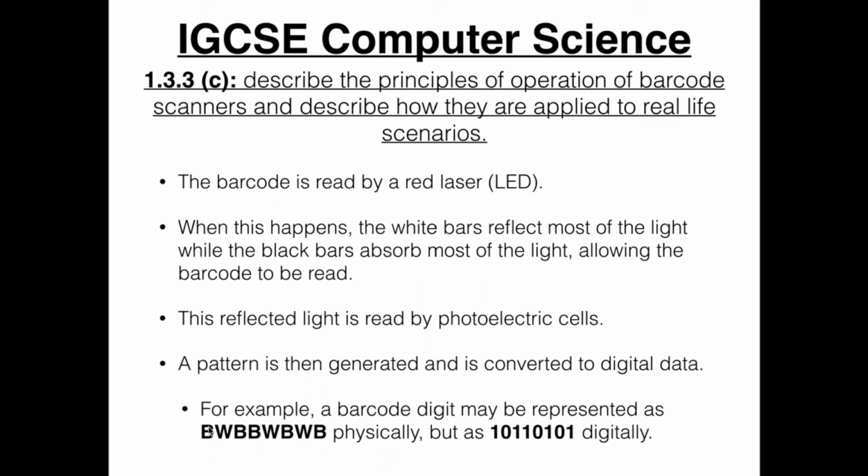So one line of black, one line of white, two lines of black, and so on, if you get the idea. It'll look like that physically, but the computer will read it as binary, of course. So 10110101, assuming that black is 1 and white is 0.